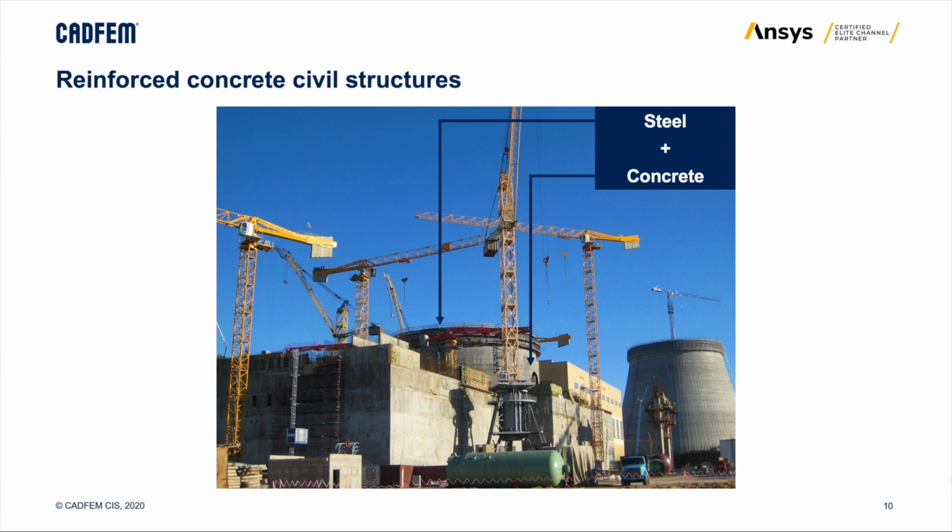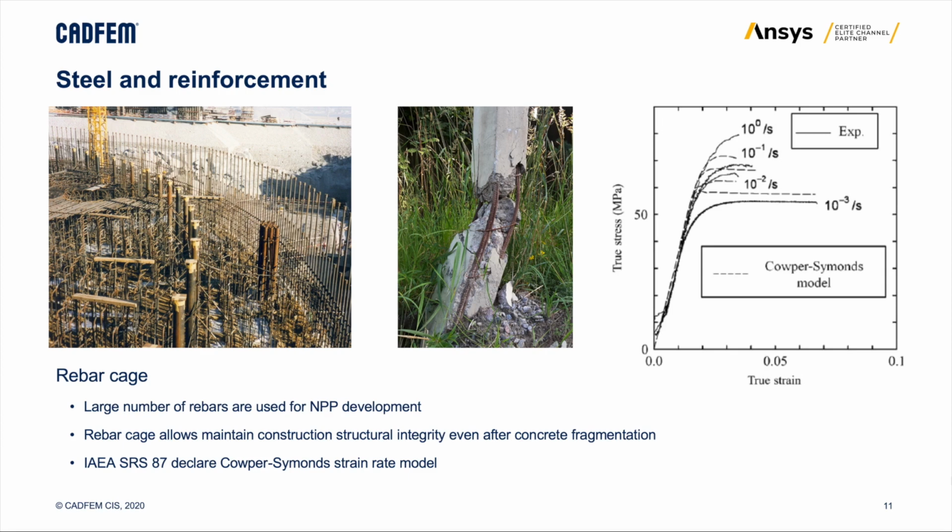Let's look at our assumptions for reinforced concrete modeling. Reinforced concrete civil structures are made of steel and concrete. When we're talking about an NPP, you can see a lot of steel and concrete. So we need to simulate steel, we need to simulate concrete, and we need to be able to couple steel and concrete together. Many reinforcement rods immersed inside concrete form a kind of rebar cage.